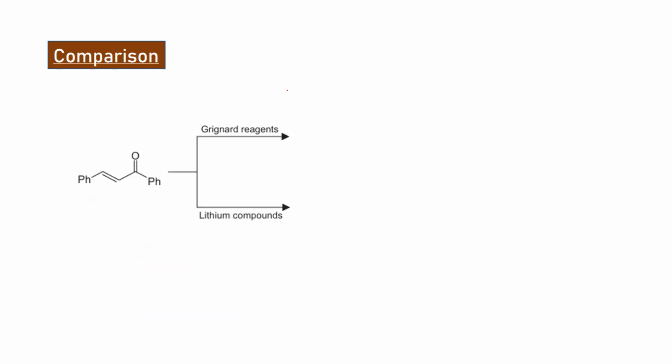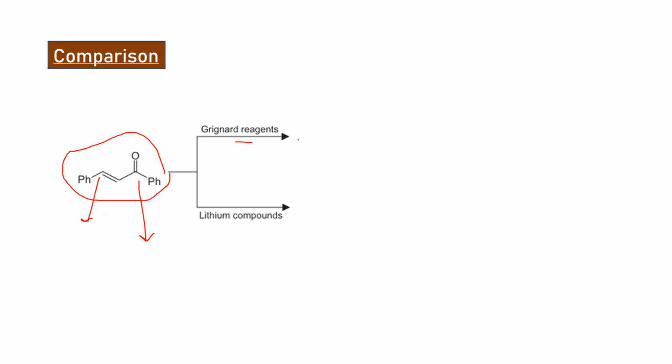Okay, so if you compare the Grignard reagent with the lithium compounds, suppose you are given this alpha beta unsaturated ketone, and you are adding this Grignard reagent and a lithium compound, what will be the selectivity? Because this type of compound has two electrophilic centers, one is this one, another is this one. Now which will react?